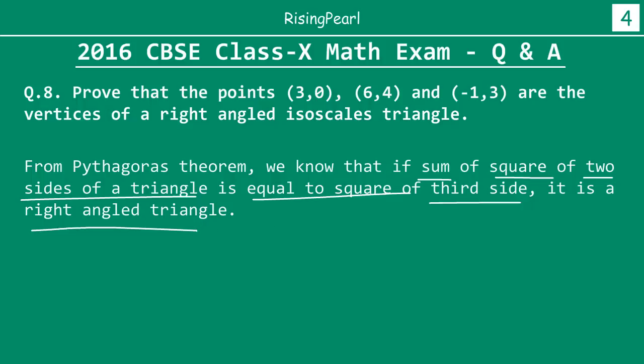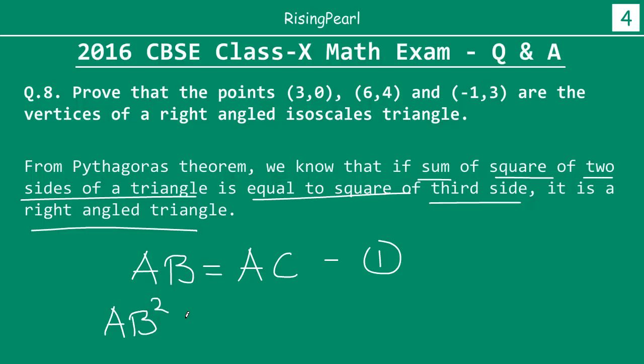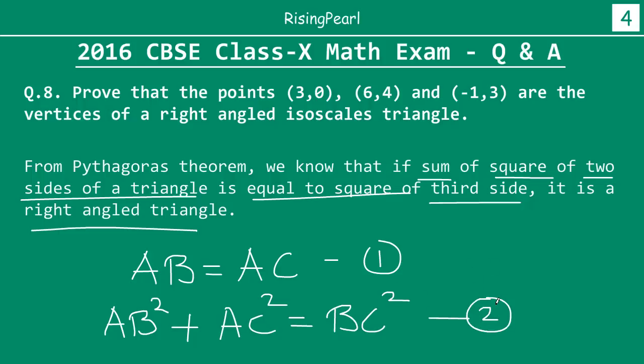So we have proved that AB is equal to AC, which is one, and we have also proved that AB square plus AC square is equal to BC square, which is two. From one and two we can say that indeed these coordinates are the vertices of a right angle triangle, because of Pythagoras theorem.